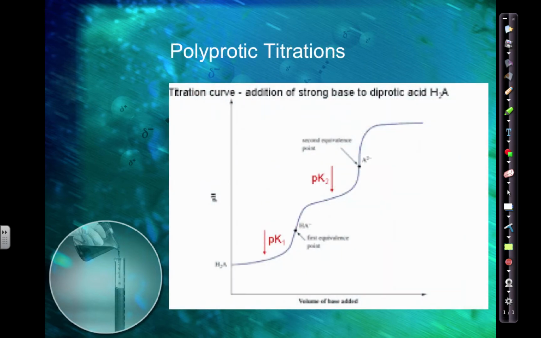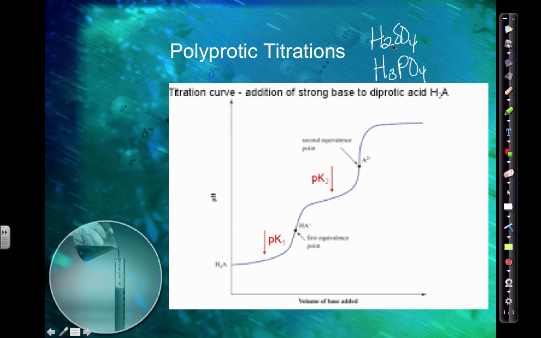This is the other type of titration curve you will see, and this is with a polyprotic acid. So a polyprotic acid is one that has more than one hydrogen that you could pull off. So sulfuric acid would be one. Looks like this. Or phosphoric acid.